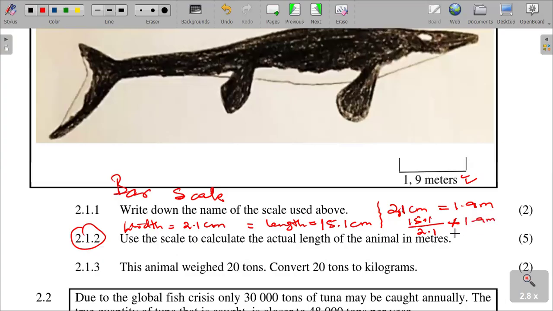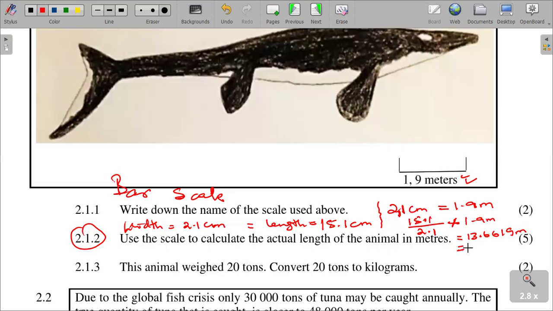Remember that we are in meters in this case. So when you put it on the calculator, it's going to give you 13.619 meters.